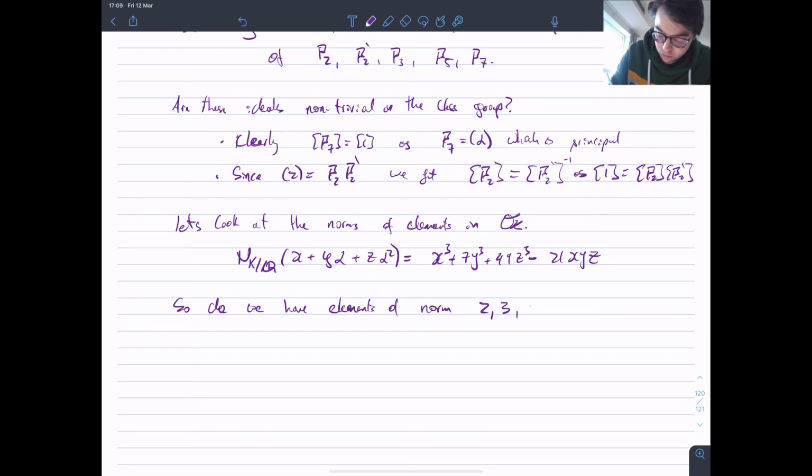So do we have any elements of norm 2, 3, or 5? How do we see this? We need to figure out if this equation can be equal to plus or minus 2, plus or minus 3, plus or minus 5.